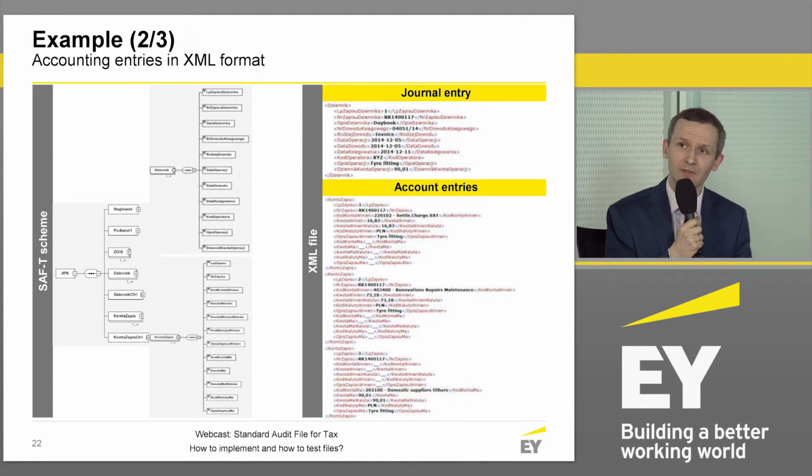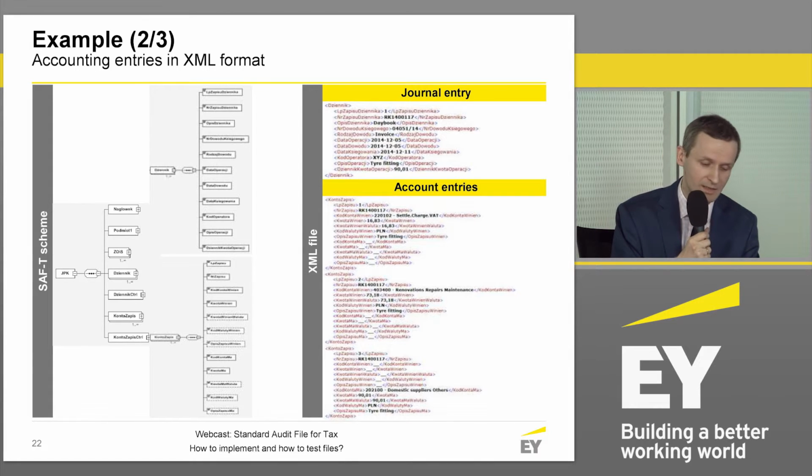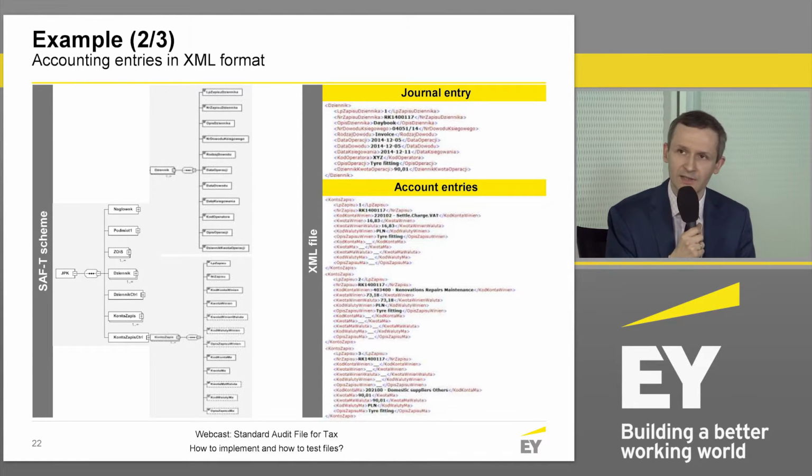So we have the same information represented twice, in only one SAF-T file. So this is a case that can be used for testing. We can reconcile those two types of information within one file.